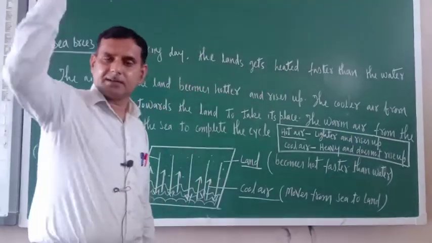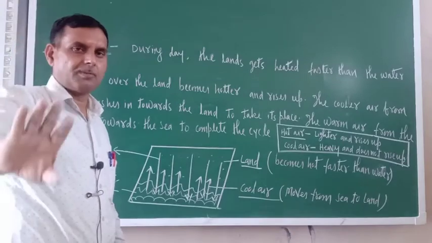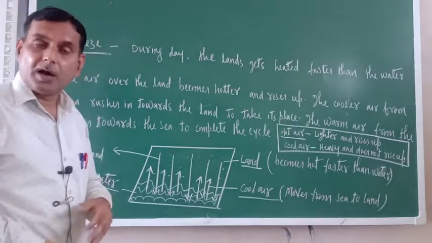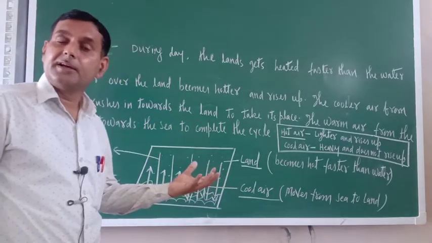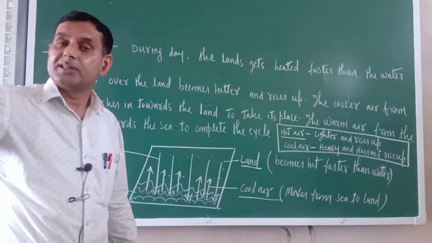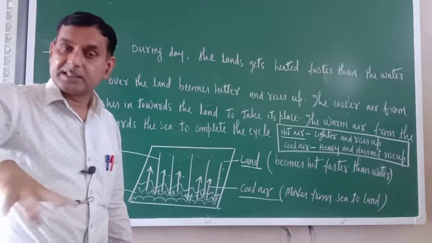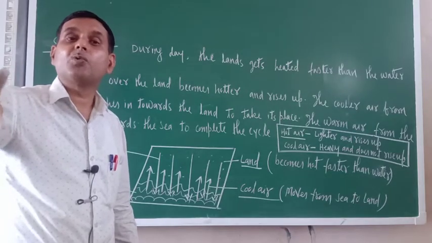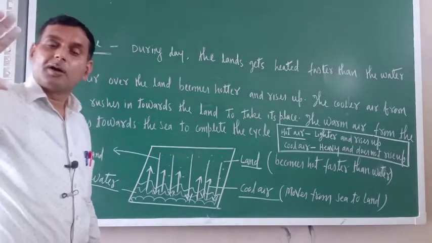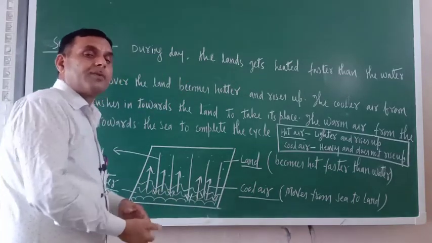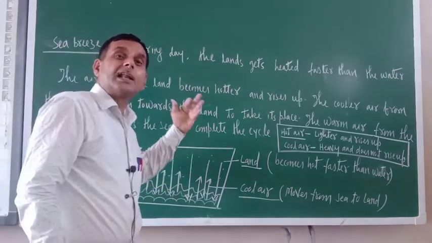Since it rises up, in the land side one vacuum is generated. And now just see, the sea water is still cool only. So from the seaside, cool air will move towards the land side.